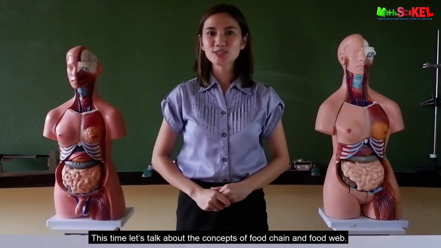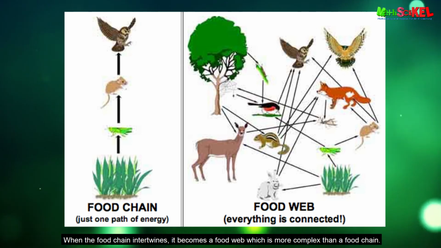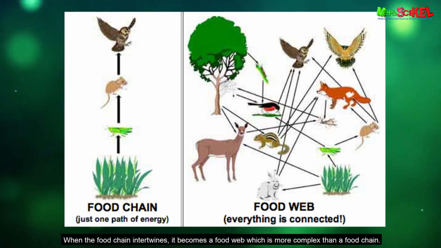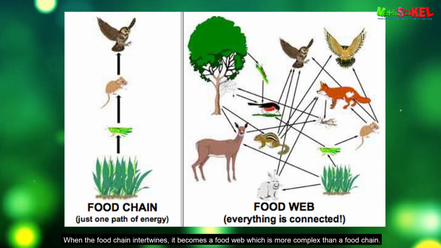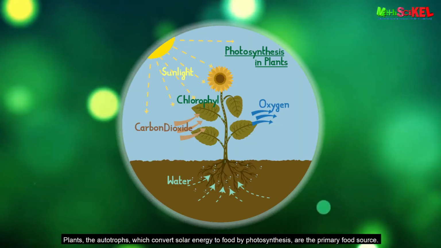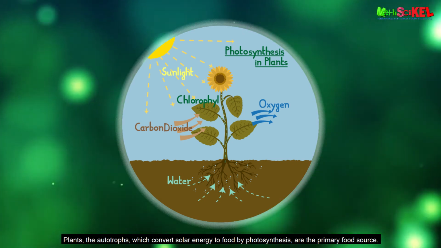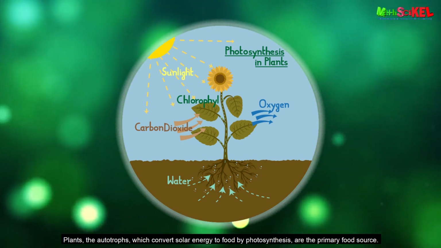This time, let's talk about the concepts of food chain and food web. When food chains intertwine, they become a food web, which is more complex than a food chain. Plants, the autotrophs, which convert solar energy to food by photosynthesis, are the primary food source.